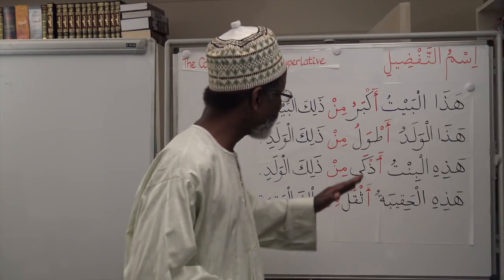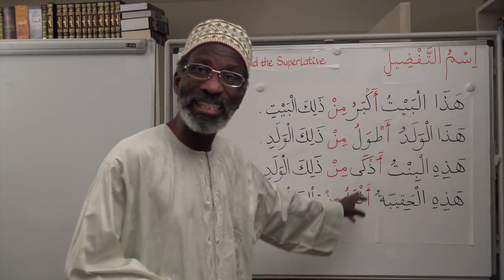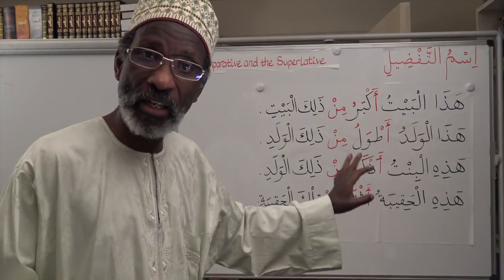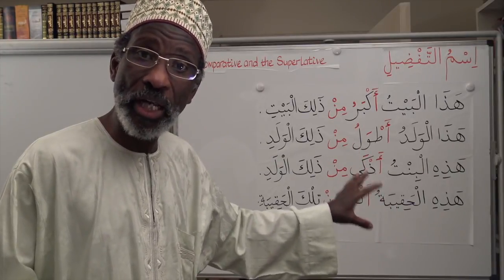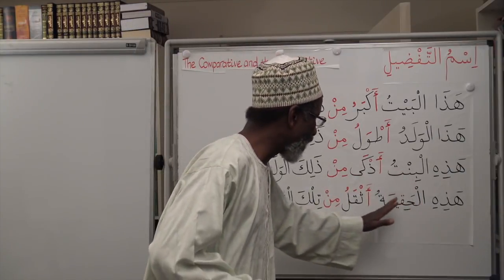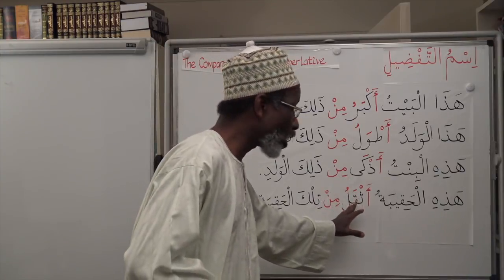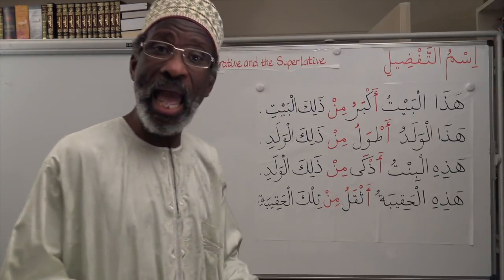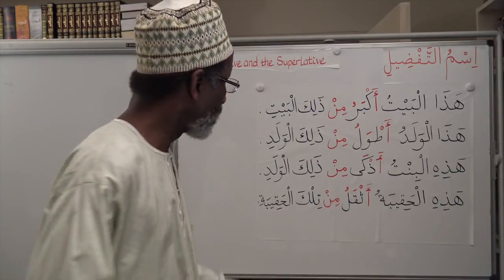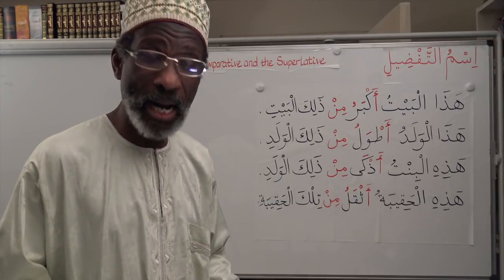You will see that even though we are talking about male or female, we are using the same pattern. As already been said, it is gender neutral. هذه الحقيبة, this bag, أثقل من is heavier than تلك الحقيبة, that bag.